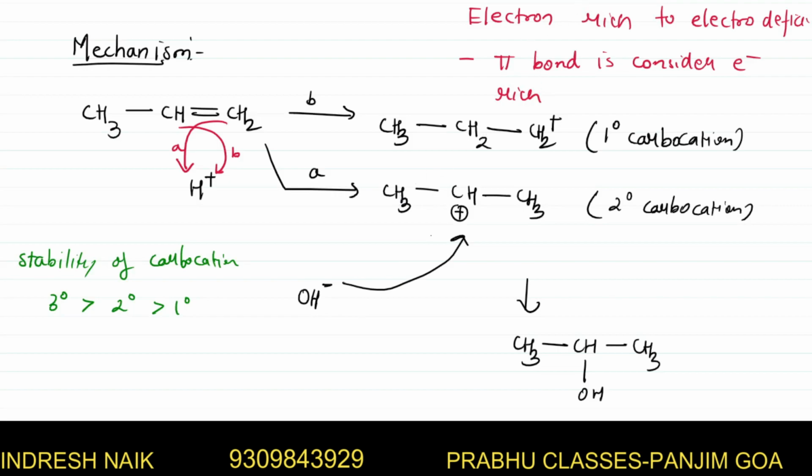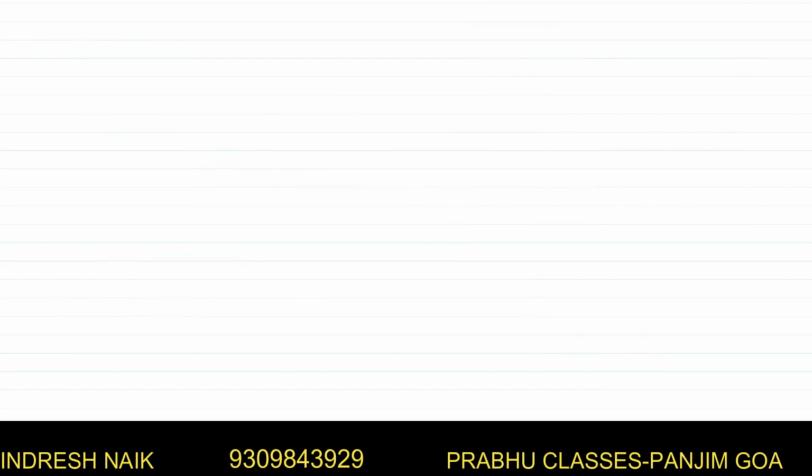Now, I'll go into a little more depth on this. Whenever there is formation of a carbocation, understand this: there are three possibilities.